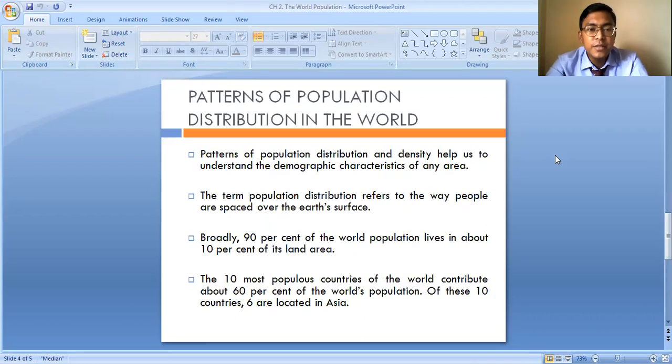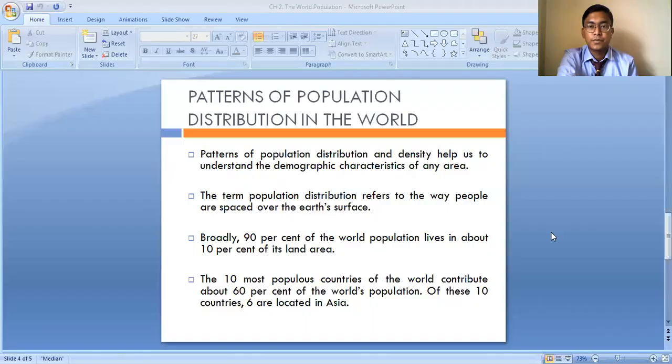It is very important to understand the pattern of population distribution in the world, why the population is unevenly distributed, and what the causes for this uneven distribution are. As I said, people are the most important resource of a country.